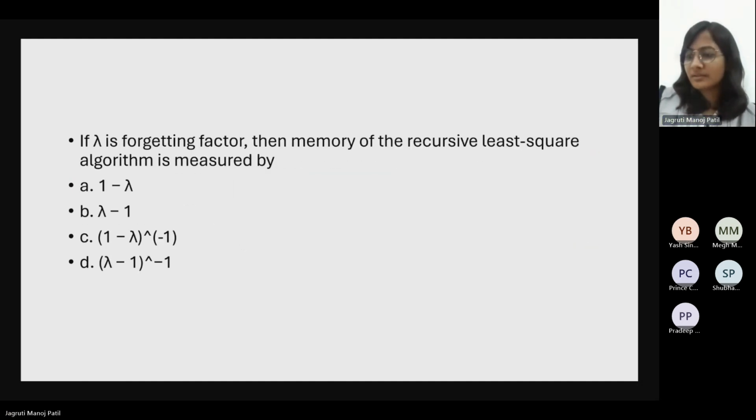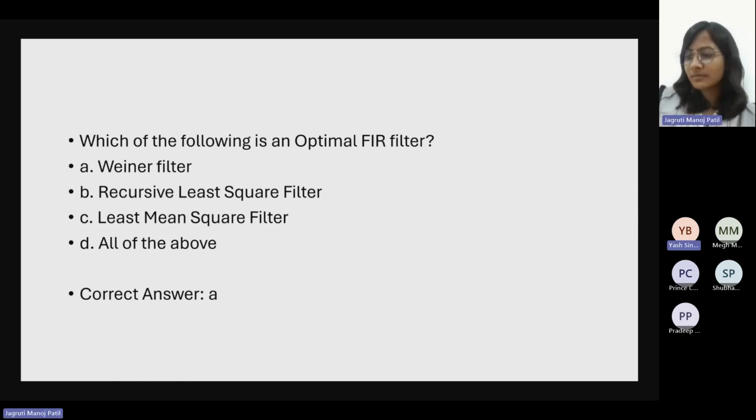Wiener filter, right? Is an optimal FIR filter. I just have a doubt why the Wiener filter is an optimal FIR filter and why the recursive and least mean square filters are not. That's the same thing.